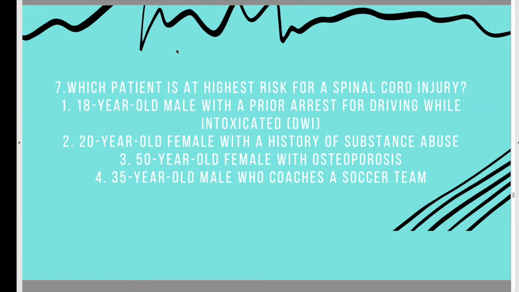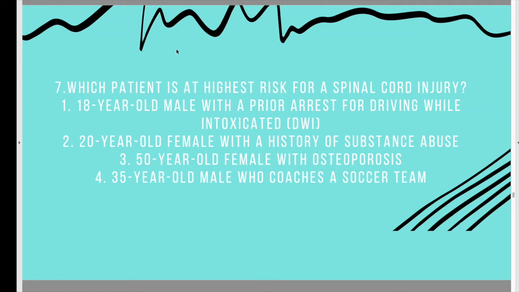Number 1, 18-year-old male with a prior arrest for driving while intoxicated. This is a possible answer because most spinal cord injuries are due to motor vehicle accidents. Next is the 20-year-old female with a history of substance abuse.